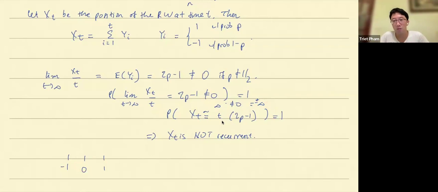That means it's not recurrent. Any question? All right.